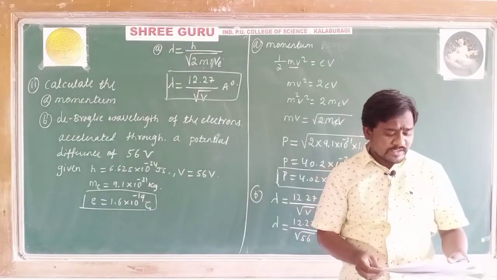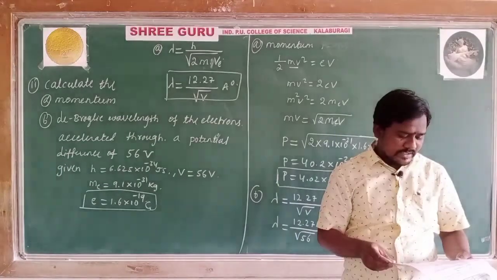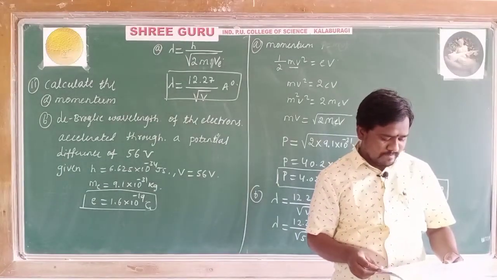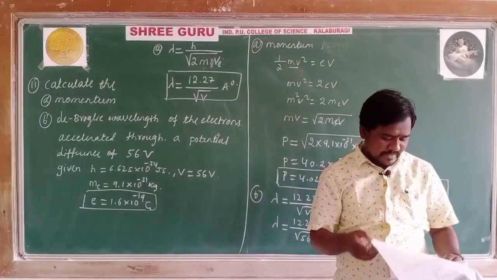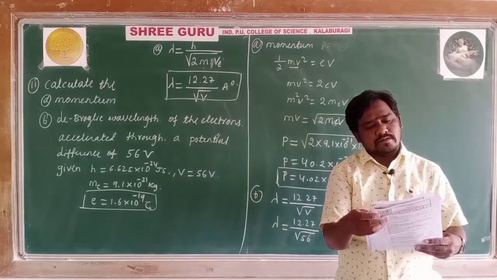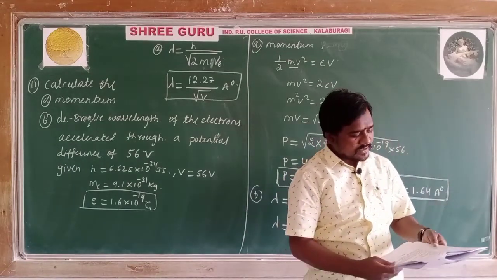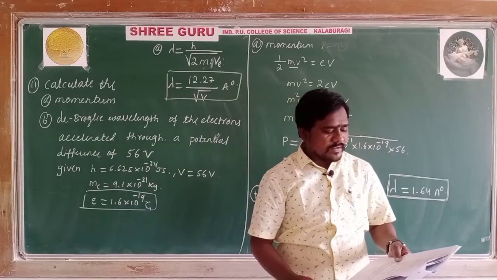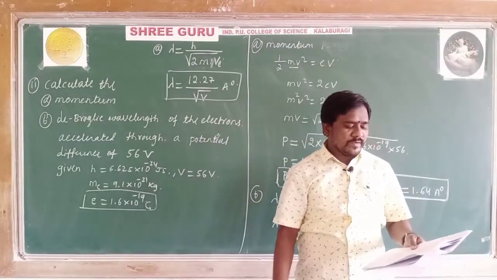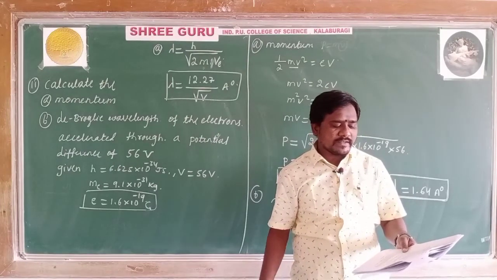In 2015 they asked, no, in 3 marks it was not asked. In 5 marks only they asked: write Einstein equation of photoelectric effect, give Einstein explanation of photoelectric effect.